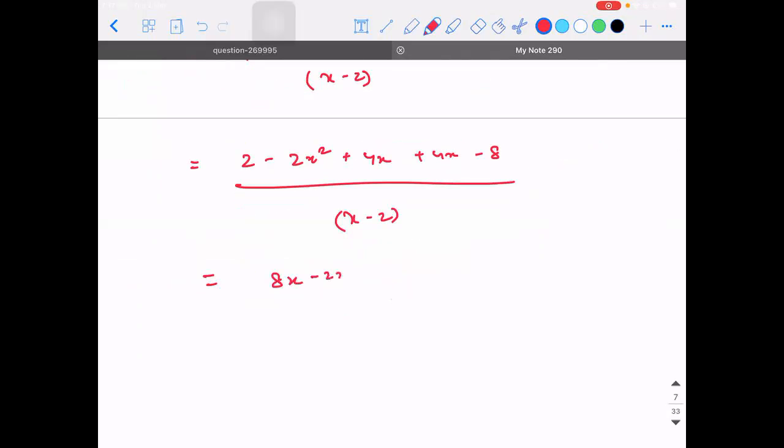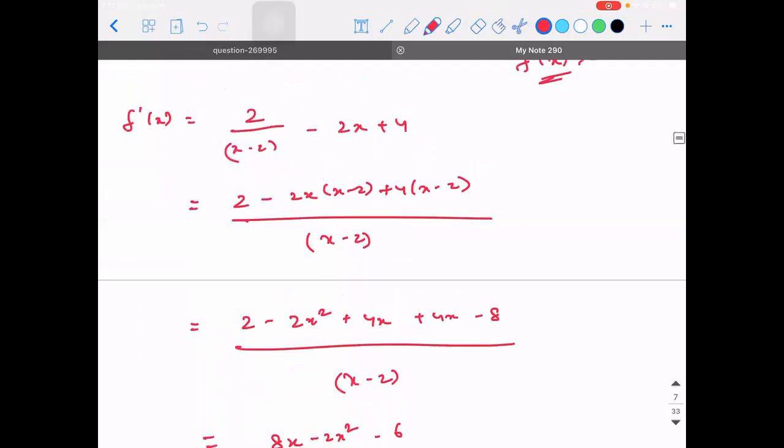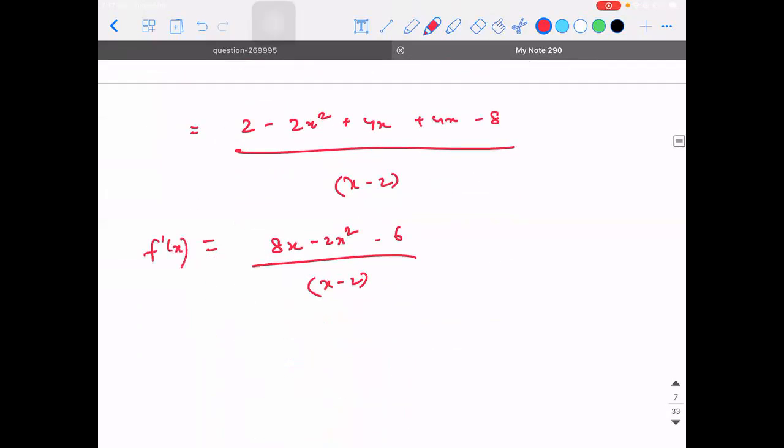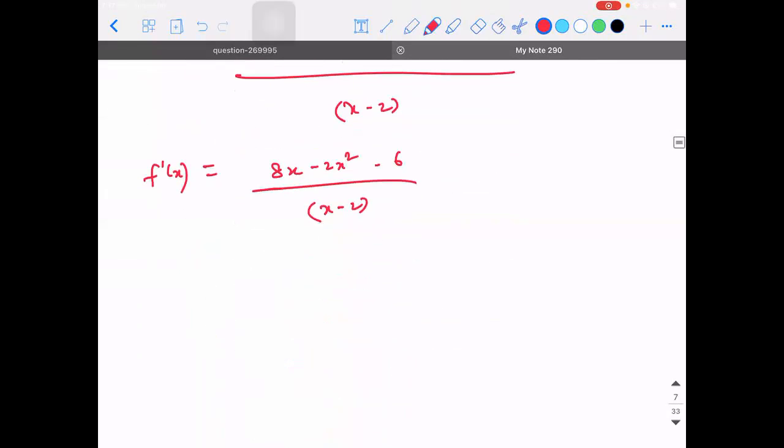So 8x minus 2x square minus 6 the whole divided by x minus 2. Right, this is f dash of x. So if this has to be greater than 0, then the numerator and the denominator have to be simultaneously greater than 0 or simultaneously less than 0.